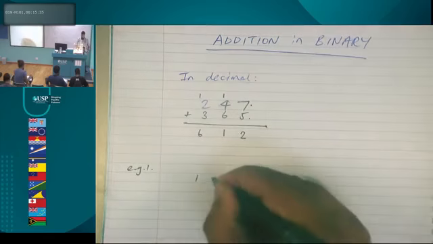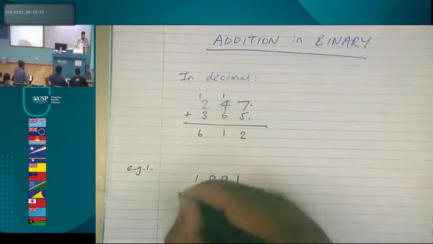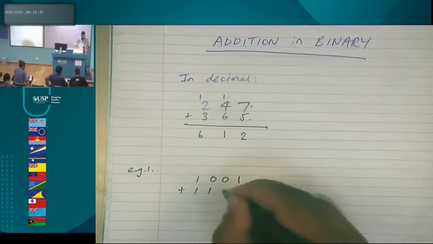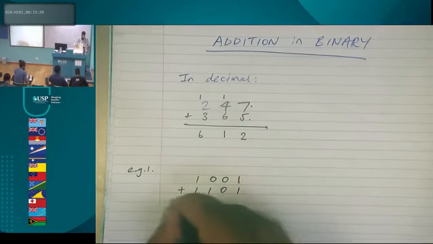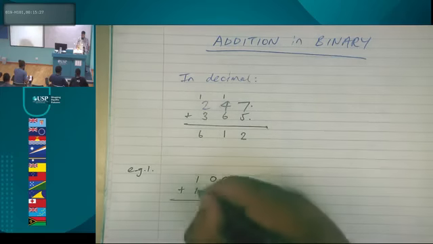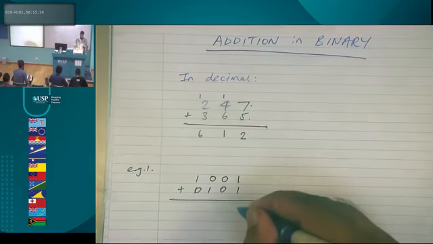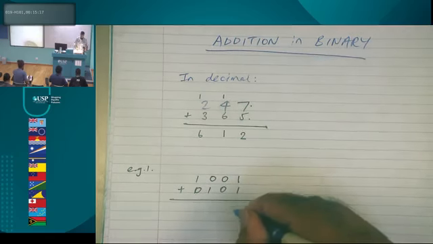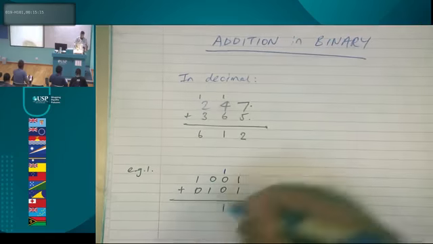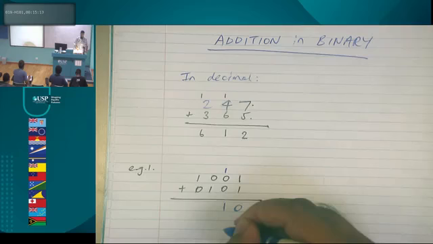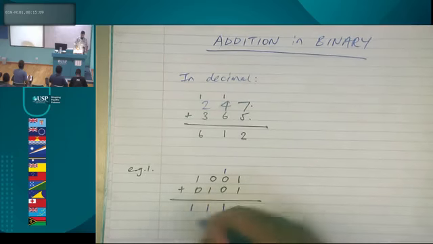Let's try 1001 plus 0101, maybe start off easier. We have 1 plus 1 is 2, which is 1 0. So you put 0, carry 1. You put that 1 down. 1 plus 0 is 1. 0 plus 1 is 1. 0 plus 1 is 1.